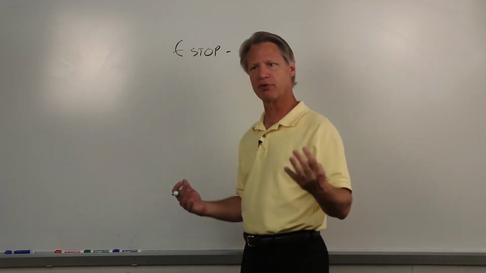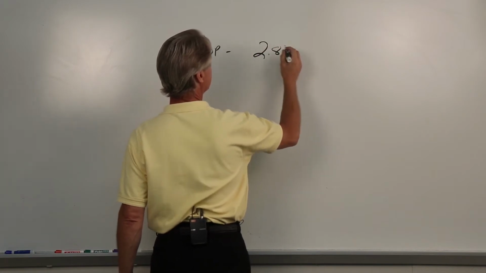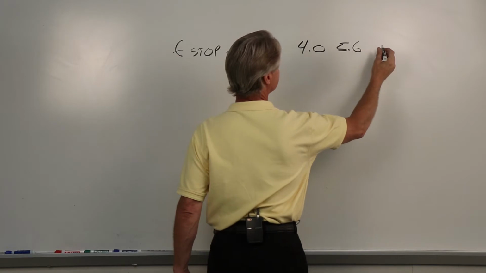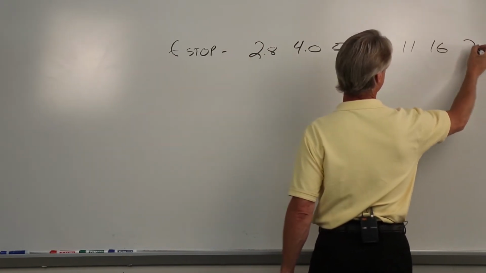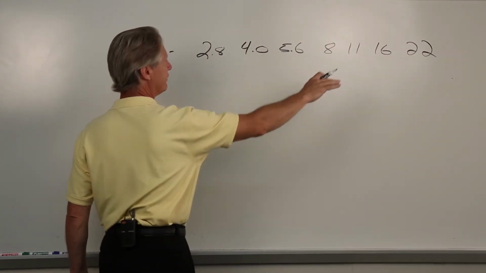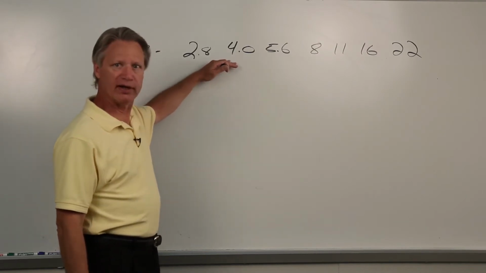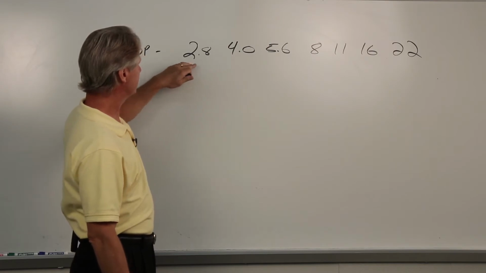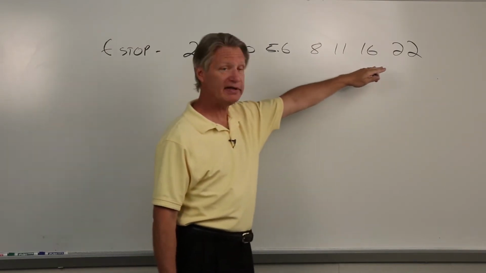So let's start with a couple of the basic numbers. We have 2.8, 4.0, 5.6, 8, 11, 16, and 22. Now, when we write out a string of numbers, in order to be accurate about what this string of numbers means, we have to ask, does this go further in this direction, and does it go further in that direction?